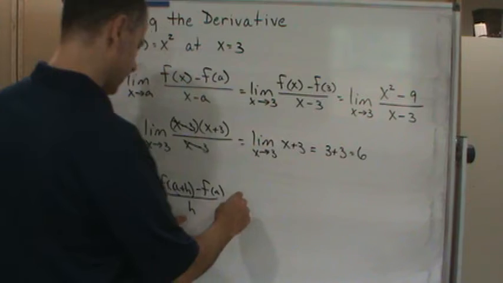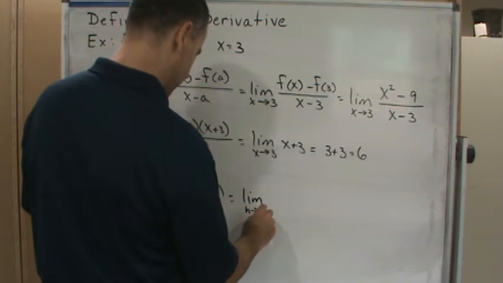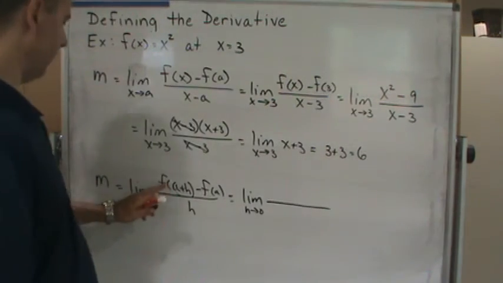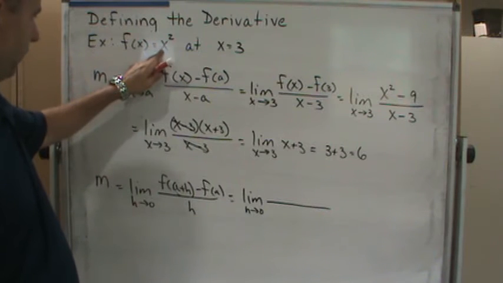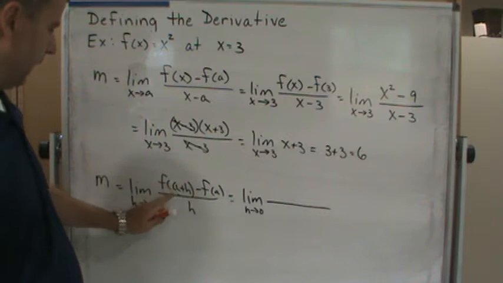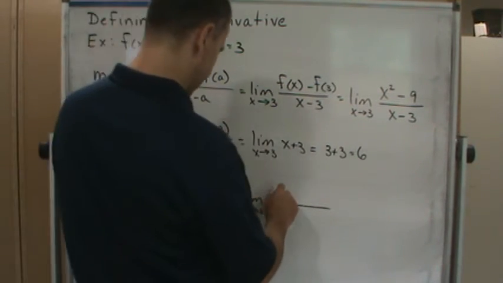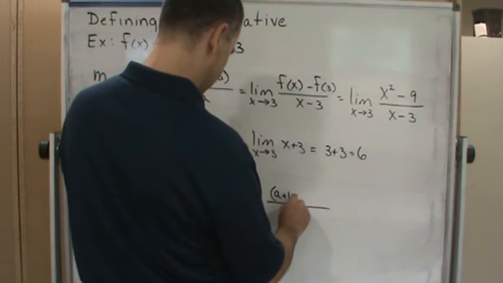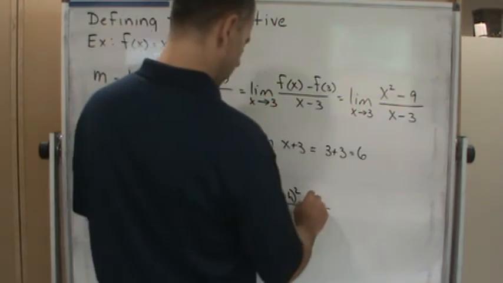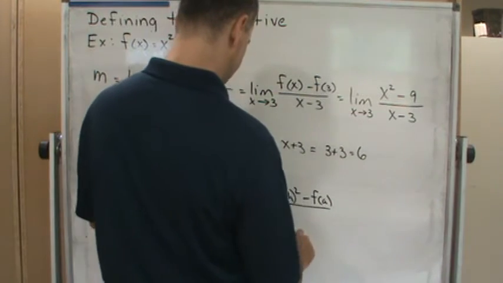So here, I'm now going to substitute in. This is going to be the limit as h approaches 0 of, now I'm going to plug in the function. So this is x squared, so I'm going to plug in a plus h in here. So that means I'm going to get a plus h squared minus f of a over h.